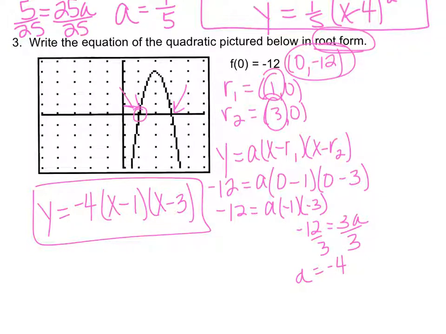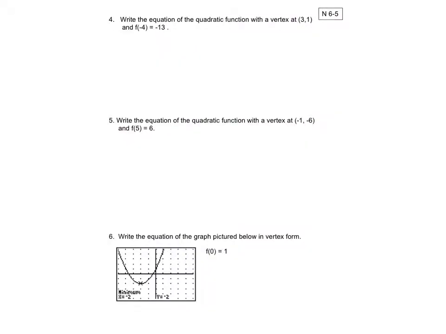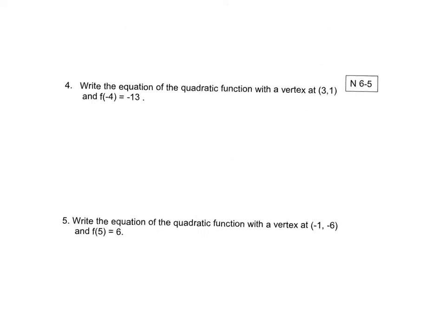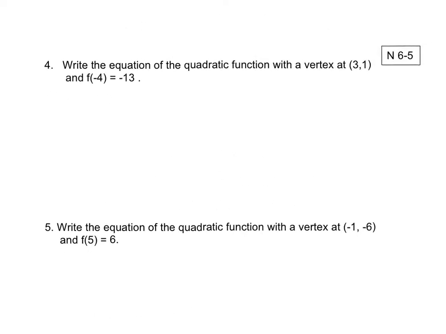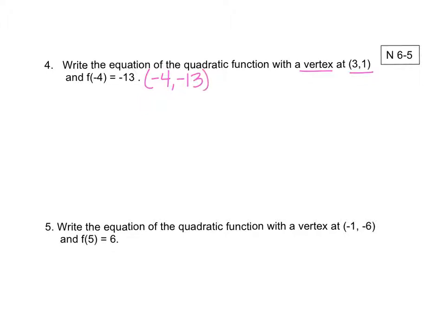All right, let's take a look at the next one. So on 4, we're wanting to write the equation of the quadratic function with a vertex of 3, 1, and then f of -4 equals -13, which means -4, -13.